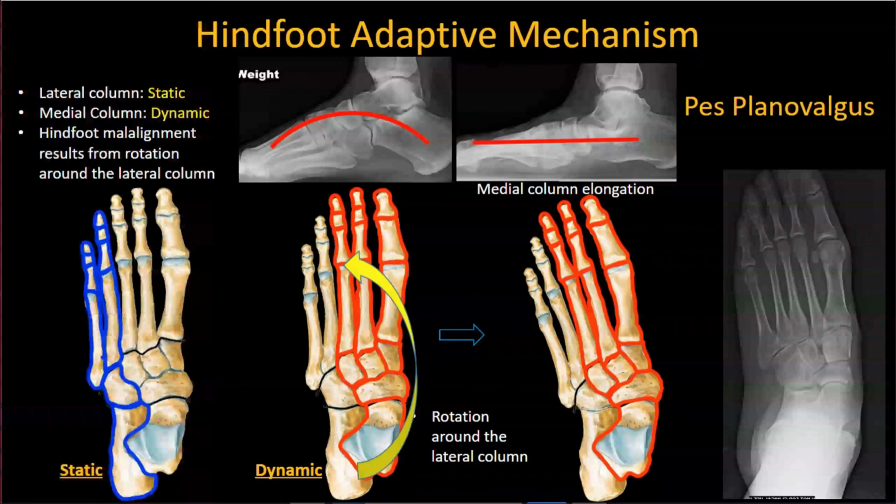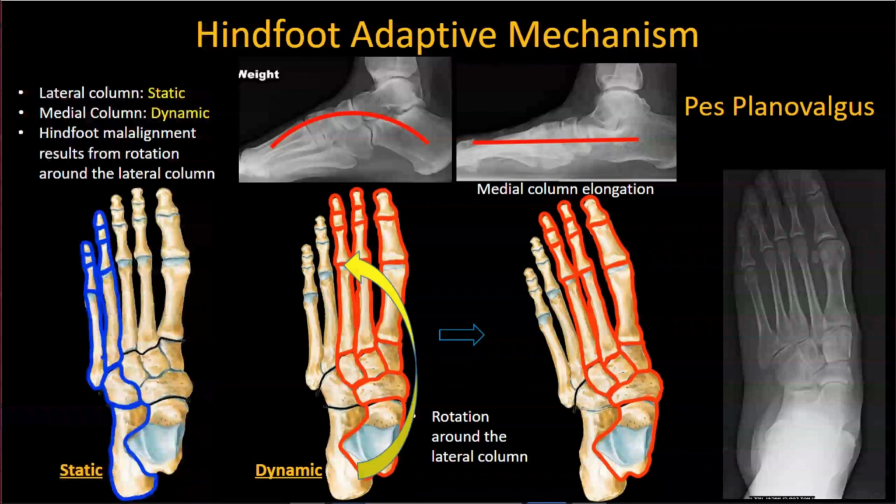And this is another great slide that shows us some features of this adaptive mechanism in a flat foot. So in a normal situation, you have an arch, and when you lose that plantar arch and you begin to have declination of the talus, you have this medial column elongation. Now we know that the lateral column is relatively fixed. There's not a lot of mobility between the calcaneocuboid and the fourth and fifth.